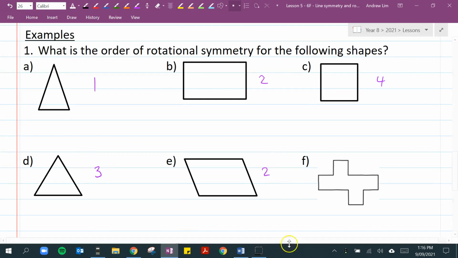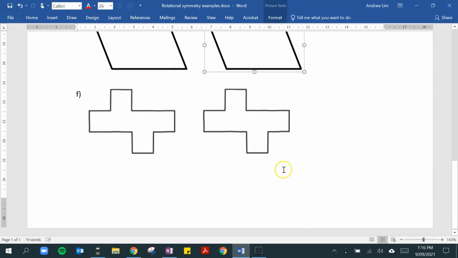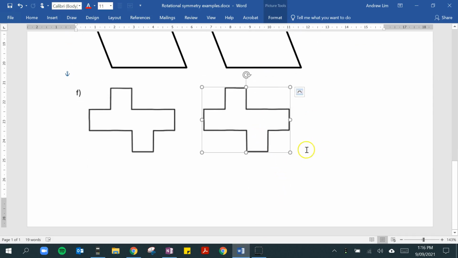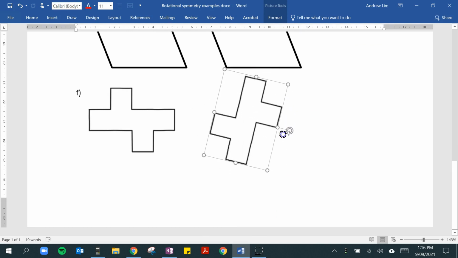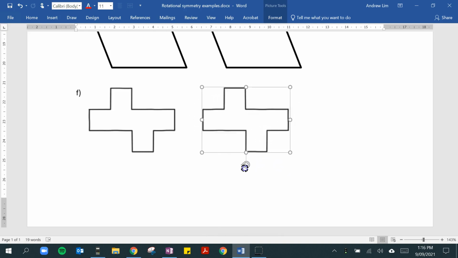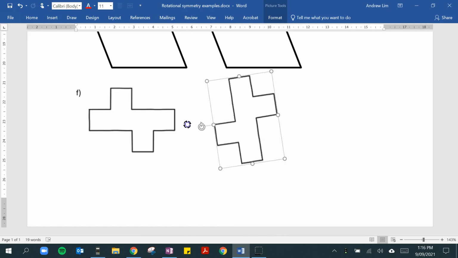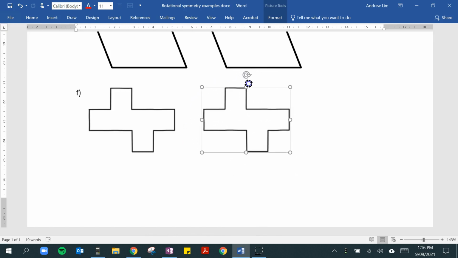And last one, question F. We've got a random shape here. It's all different. Oh, it looks exactly the same. That's 1. All different. And then the same. So it has 2.